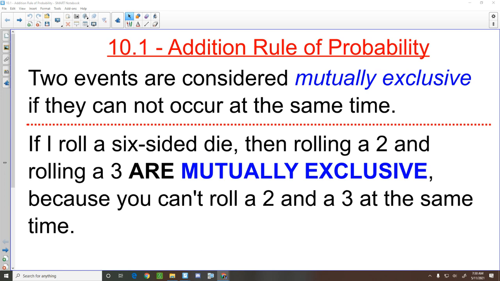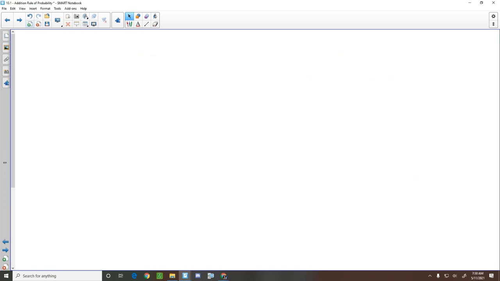And so we're going to talk about just some simple cases here, some basic probabilities, and learning two different rules of probability. So the first target is this addition rule of probability. And we're going to talk about multiple events occurring, not just the probability of one thing happening, but of multiple things happening. First off, though, let's go through just some basics.